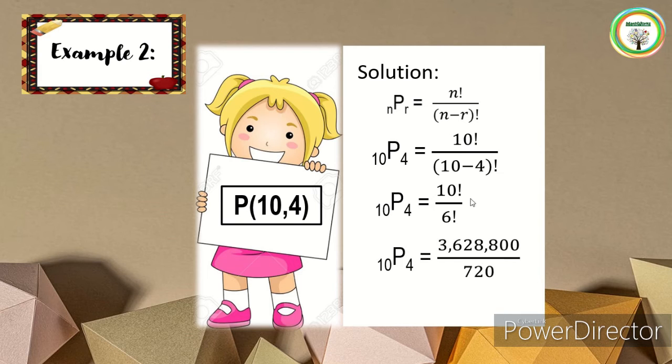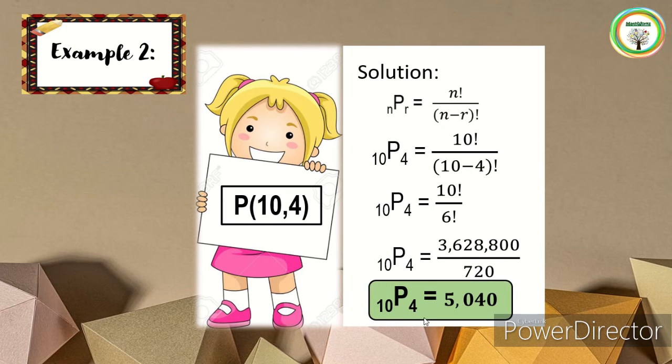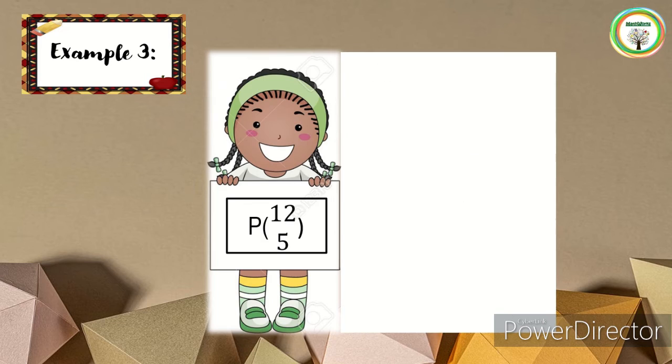Then, find the value of 10 factorial and 6 factorial. You can use your calculator. 10 factorial is equal to 3,628,800, while the value of 6 factorial is equal to 720. So let us divide. We have permutation of 10 taken 4 is equal to 5,040. Let's have the third example.